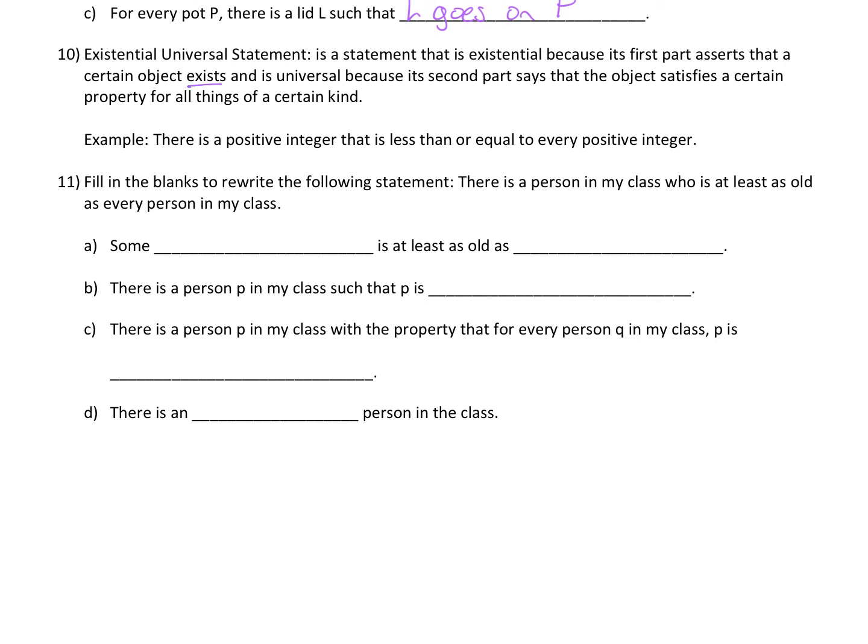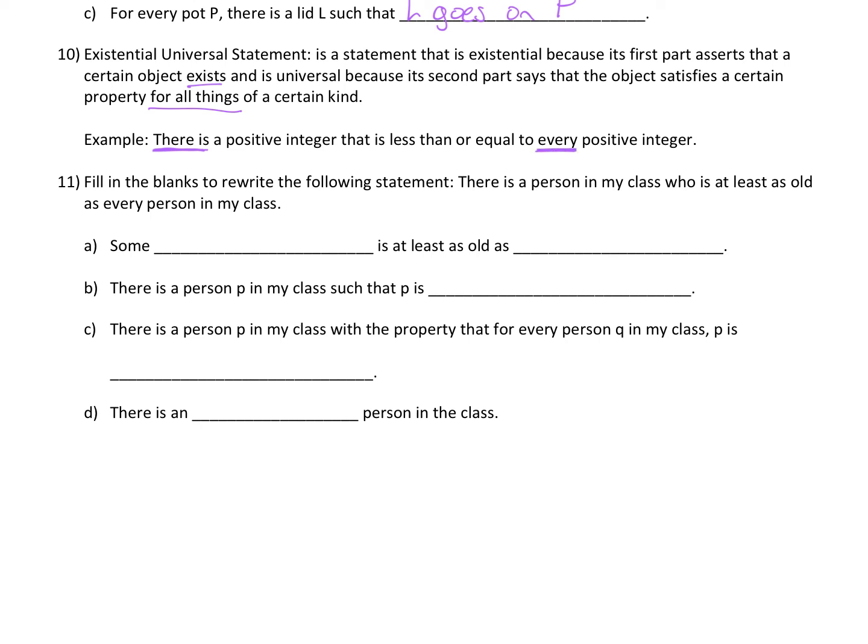And then the second part is universal because it says that that object satisfies a certain property for all things of a certain kind. For example, there is a positive integer, so there's my existence. There exists a positive integer that is less than or equal to every positive integer.